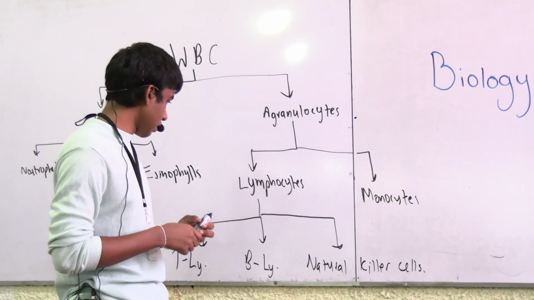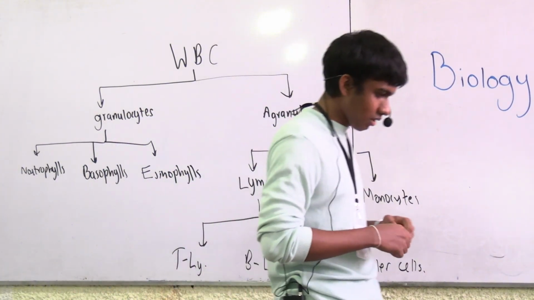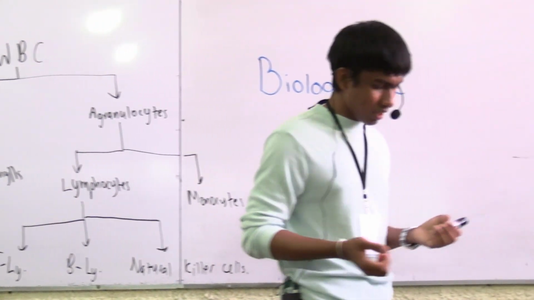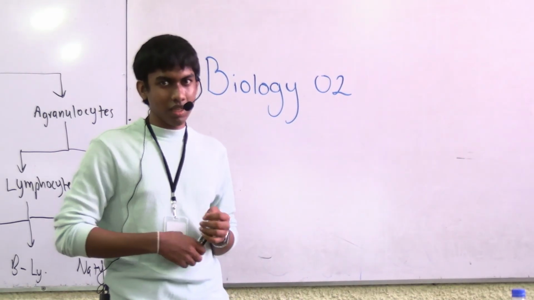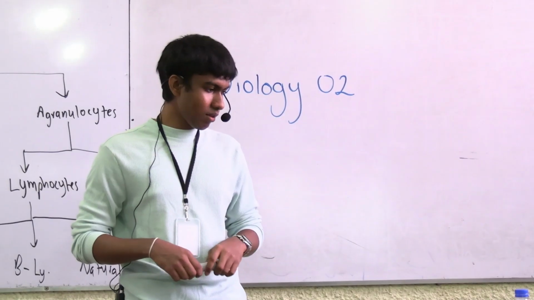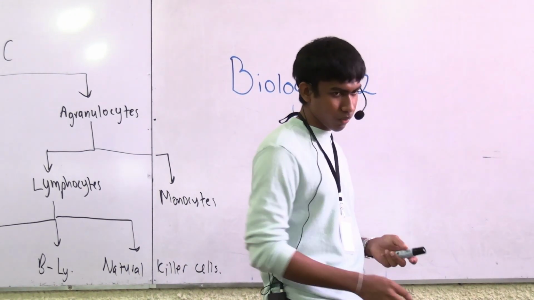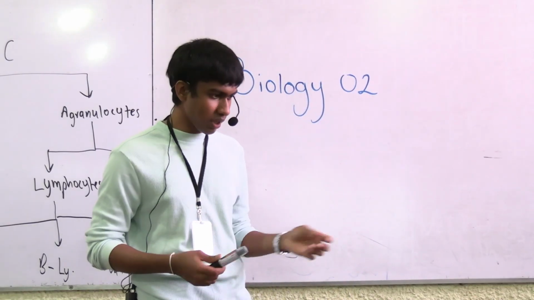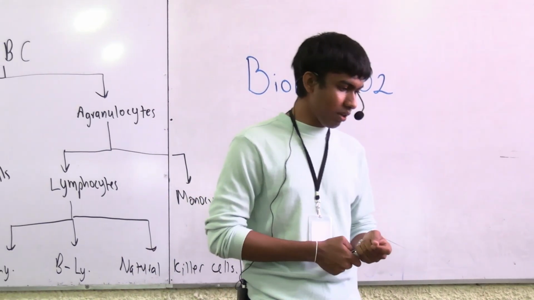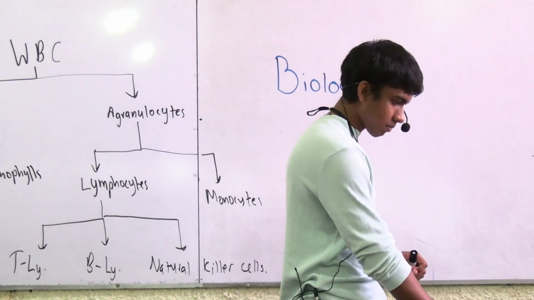You will learn under acquired immunity; there's an entire subsection in unit 5 biology called immunity. Under that you will learn further about these cells, their functions, and how they stop invasive microorganisms.